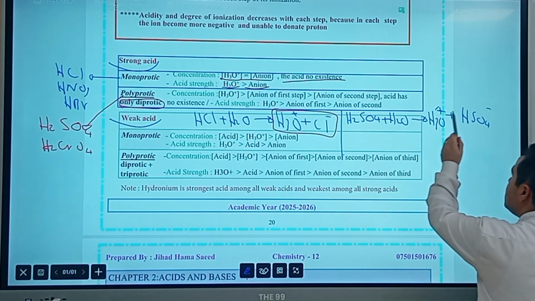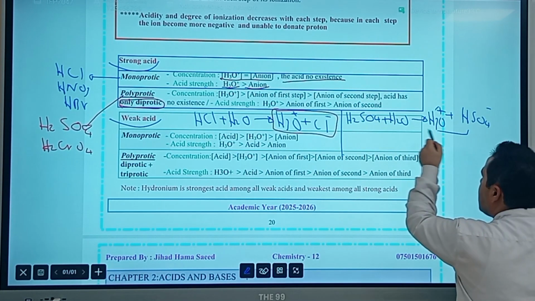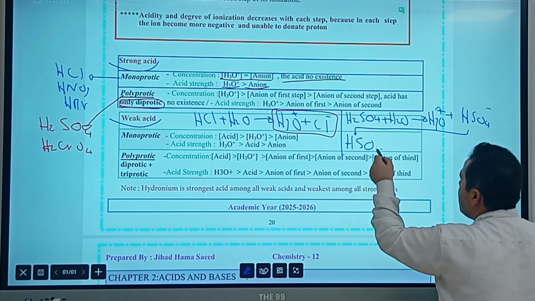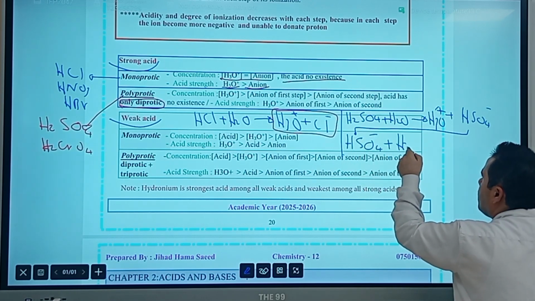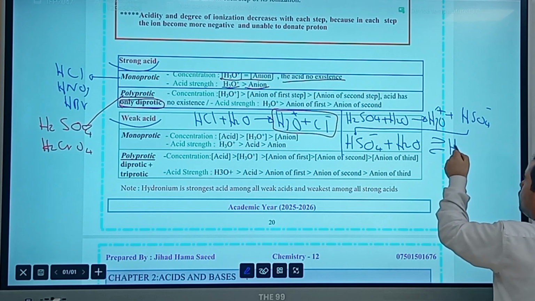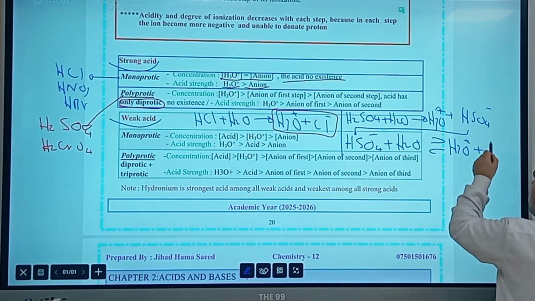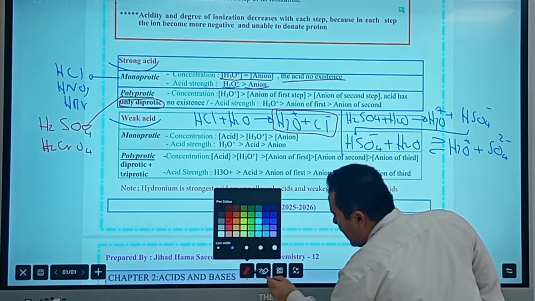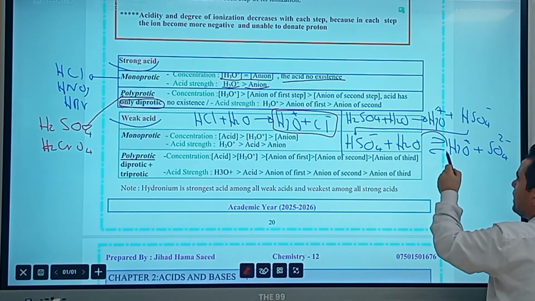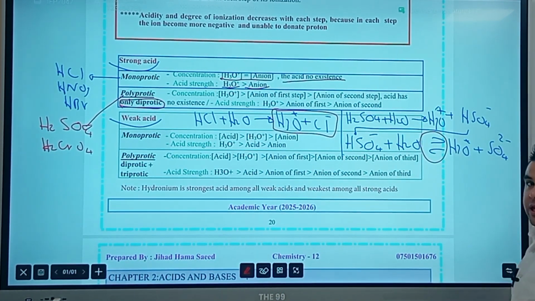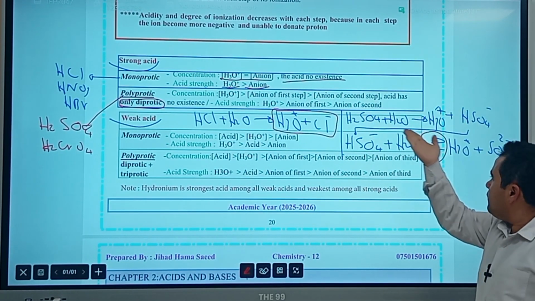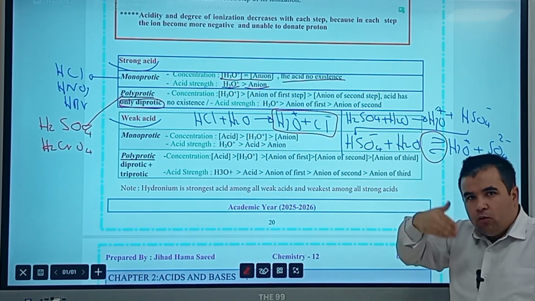So in the first step it donates a proton, and then this has a tendency to ionize further to form the hydronium and then SO4 2 negative. Guys, as you can notice here, it becomes weaker, because whenever an acid ionizes, the negative ion left behind becomes a weaker and weaker acid.